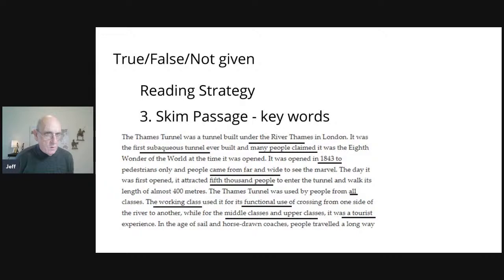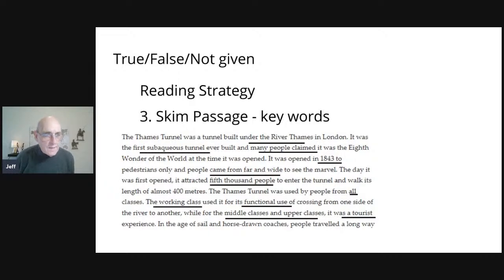But what's most important is that adjective, first. If I took out the word subaqueous, it would just be first tunnel. And I remember in the questions, I did underline first tunnel. So now I know I'm really on the right track for finding the answers to my questions.